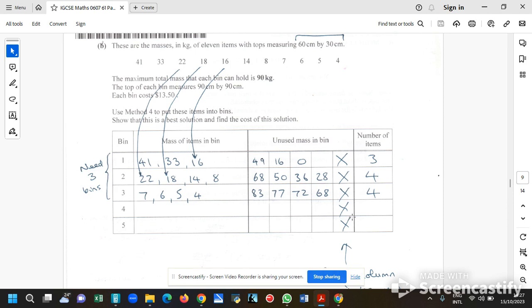When you put them in, this is what you get. We put 3 items in the first, but there's no unused capacity in that, sorry, because the mass is full. There's space, but no capacity in terms of mass.